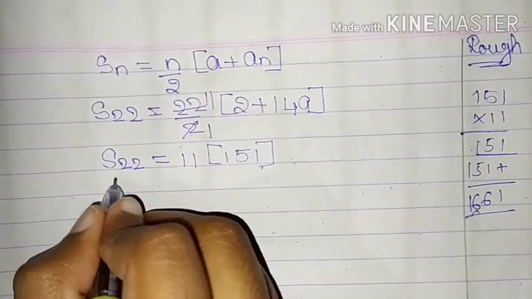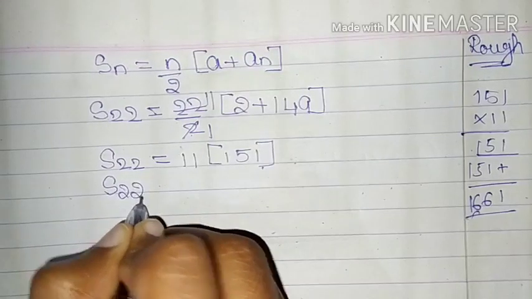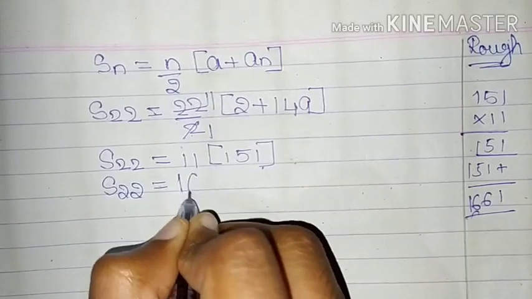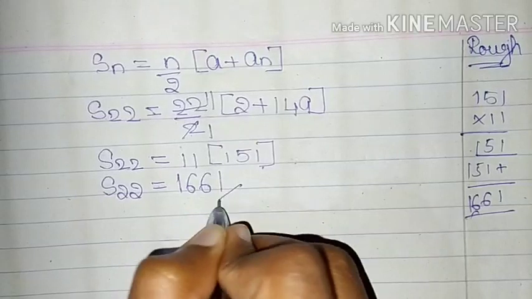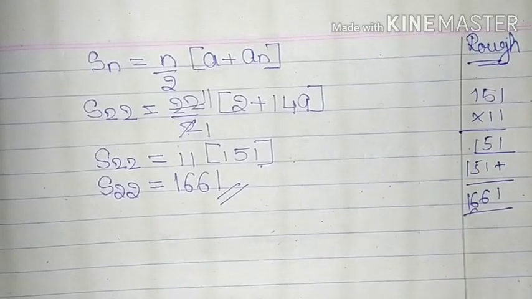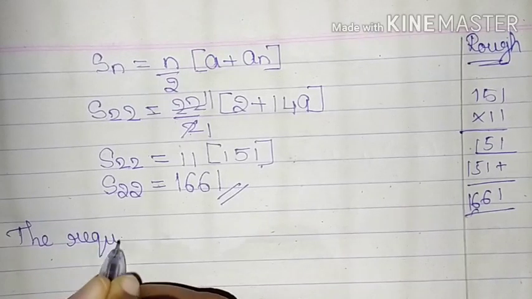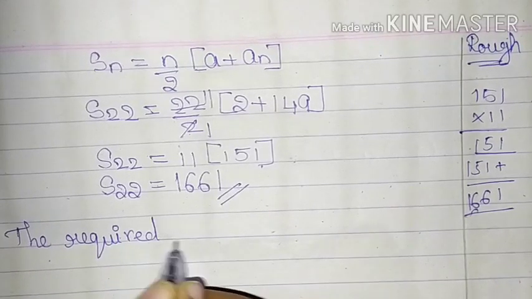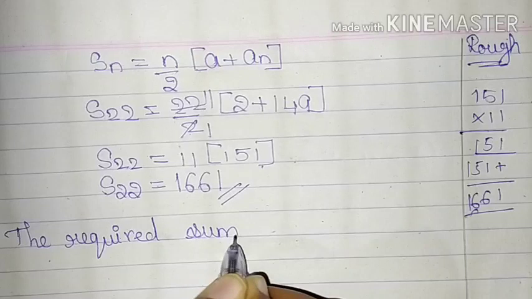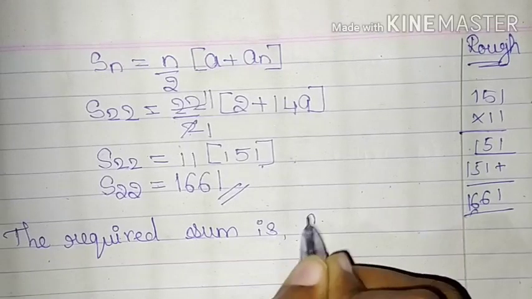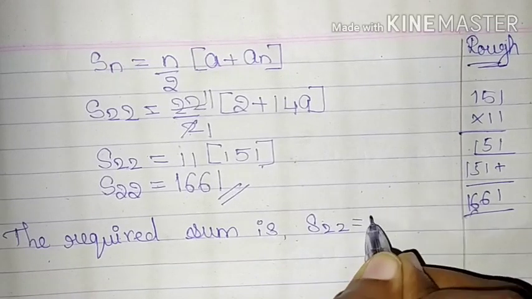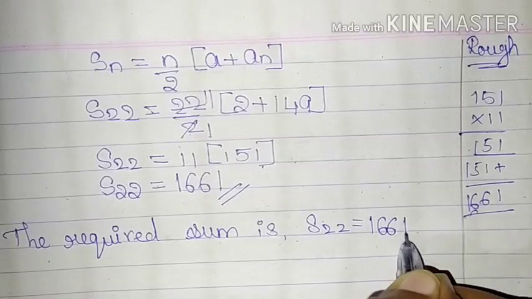So the sum of first 22 terms is 1661. That is our answer, the required solution. The required sum S22 is equal to 1661. This is our solution.